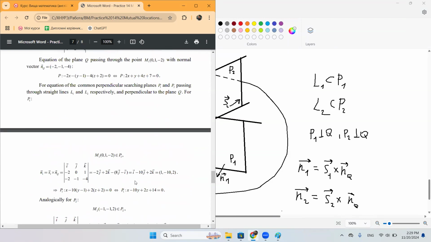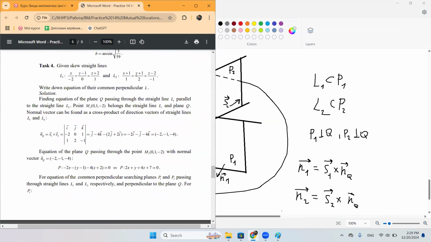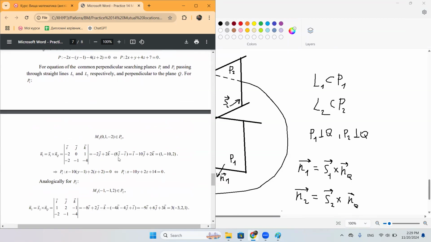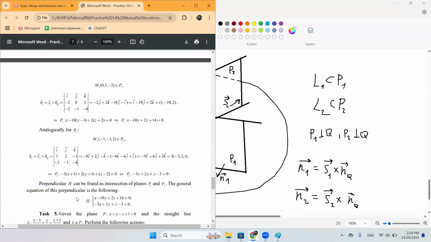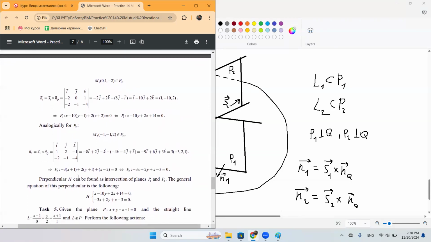Analogically for P2, M2 is taken from this equation, -1, -1, 2, and the normal vector found as a cross product. And with the equations of these two planes, we write the general equation of the perpendicular H. The task is to find the equation of the common perpendicular, which can be canonical, general, or parametric, it doesn't matter. The general form can be transformed to other forms.